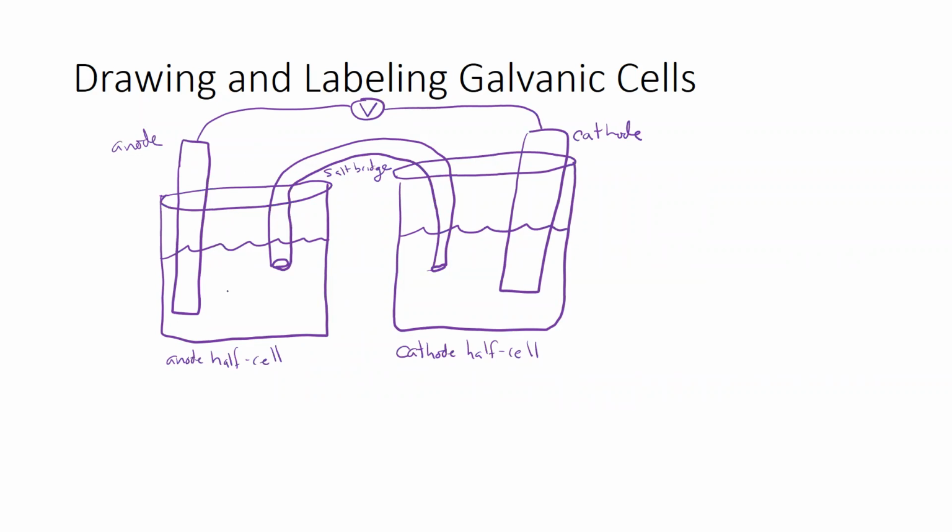Inside the solution, the anode and the cathode are usually going to be made of a type of metal. In this case, based on the example above, we had zinc solid on one side and copper solid on the other. I'm just going to stick with those for now until we get a better idea of which one is going to be which, based on the actual values of the reduction potentials.